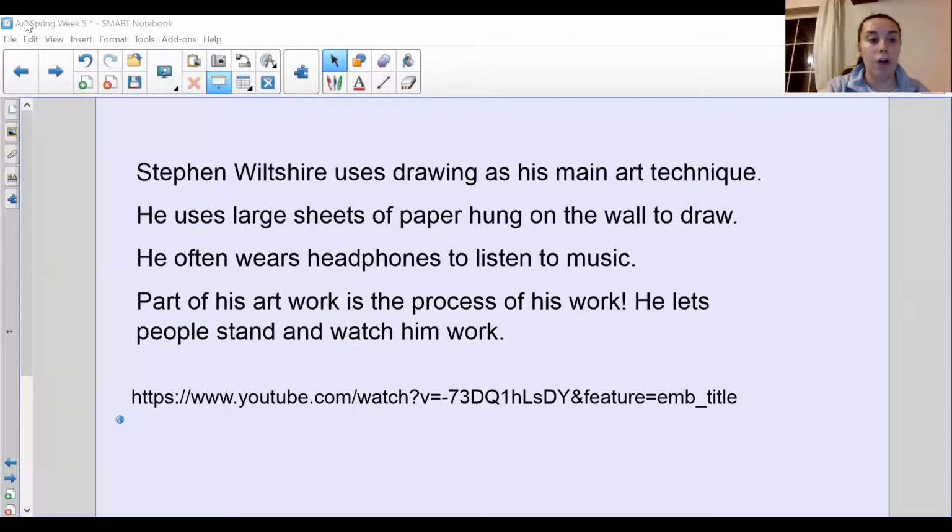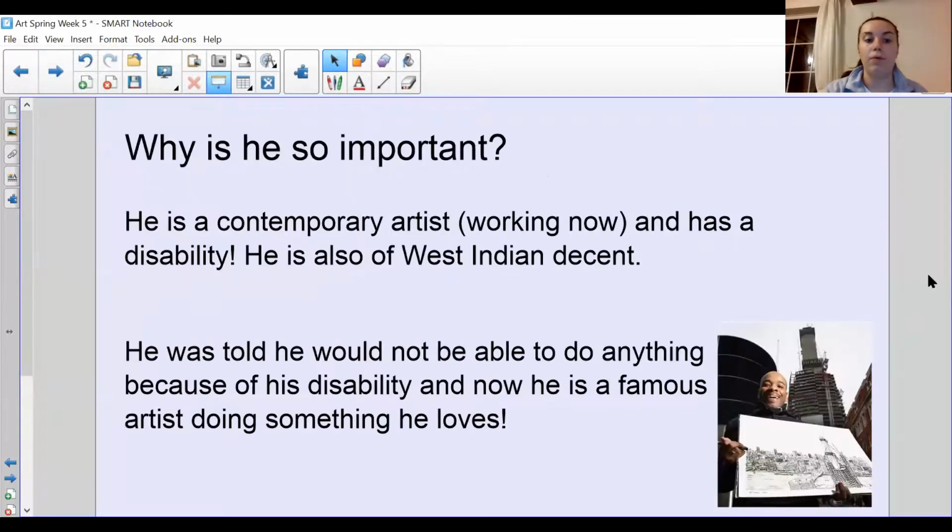Okay, so why is he so important? Well, he's a contemporary artist, so he's working now, he still does his drawings, and he has a disability, and not many famous artists have disabilities. There are artists who have disabilities, but they're not as famous as he is. He's also of West Indian descent. His parents came over from the West Indies to England to start a life, and there aren't many Black or ethnic minority artists who are famous and recognised.